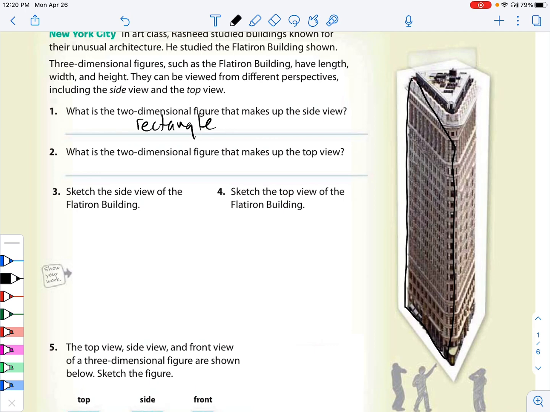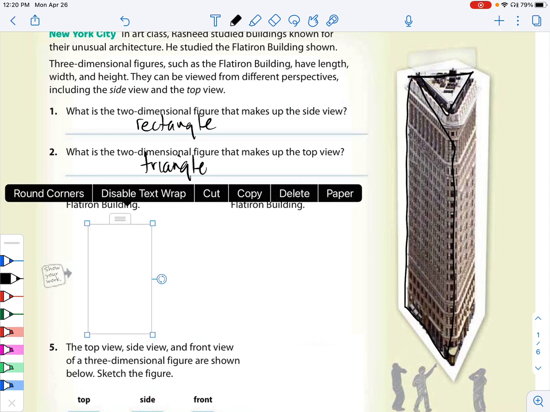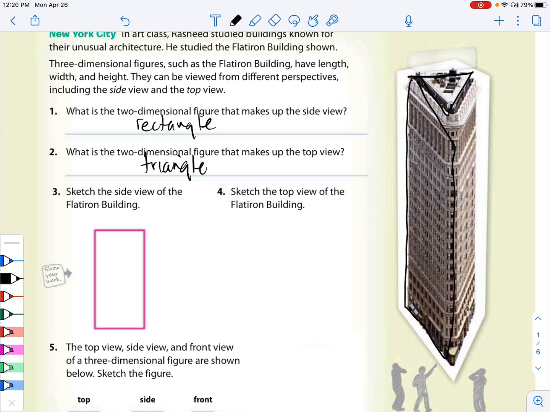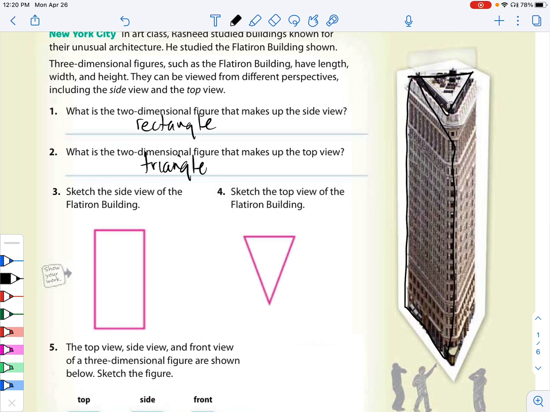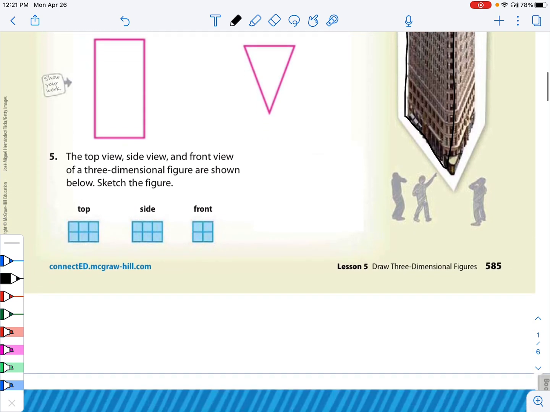What is the two-dimensional figure that makes up the top view? Again, if we look at the top view, that looks like a triangle. So that's our two-dimensional figure. So if you want to sketch the side view of the Flatiron Building, this is how it's going to look, a rectangle. If you want to sketch a top view of our Flatiron Building, it will look like a triangle.